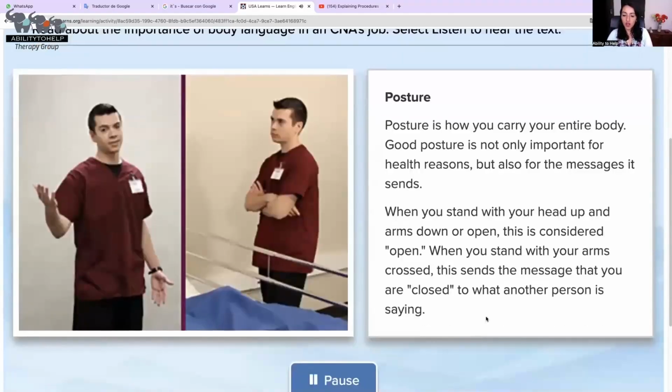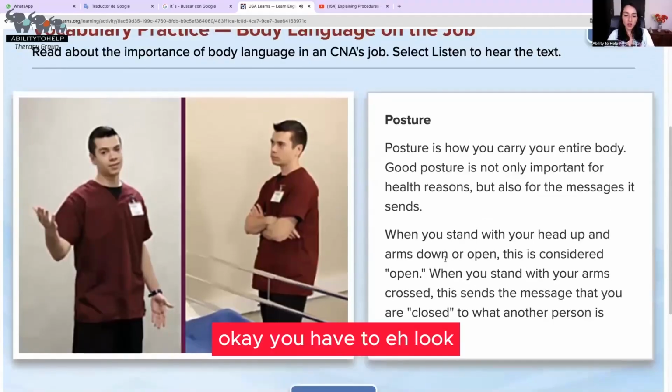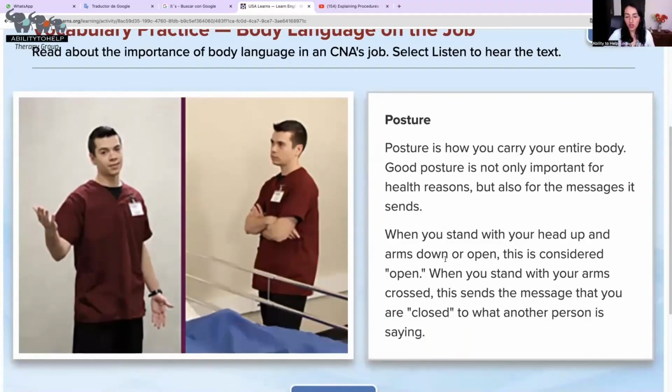When you stand with your arms crossed, this sends the message that you are closed to what another person is saying. Okay, you have to look like someone open to another person. So that's why you have to open your arms.